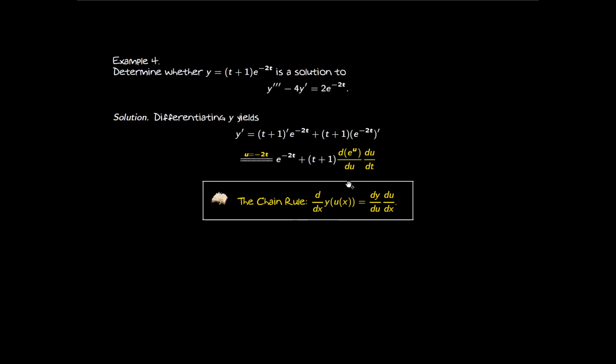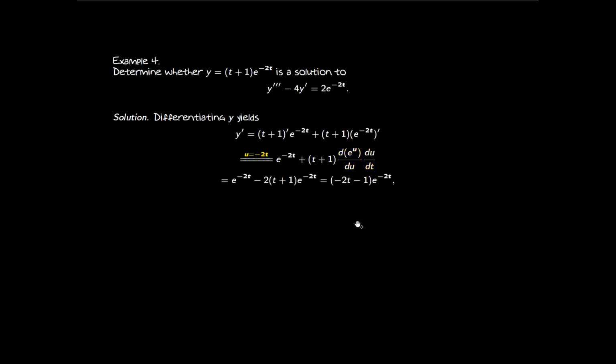So by using the chain rule, the derivative for the second term is going to be negative twice of e to the negative 2t. And then we can factor the e to the negative 2t and simplify the y prime as negative twice of t minus 1, and then times e to the negative 2t.